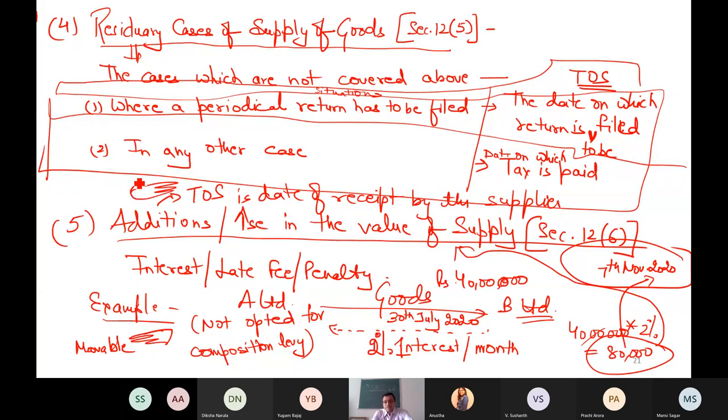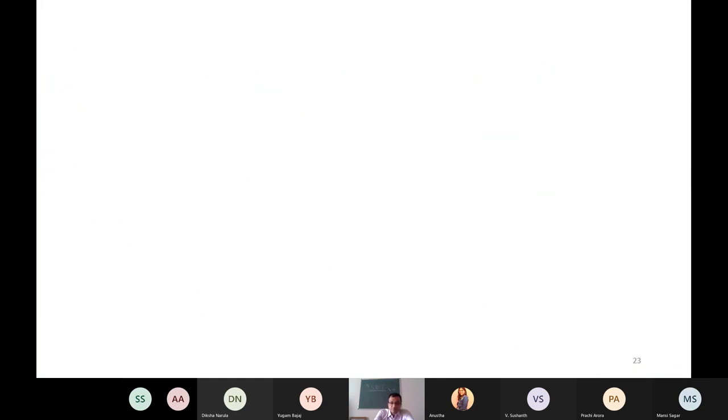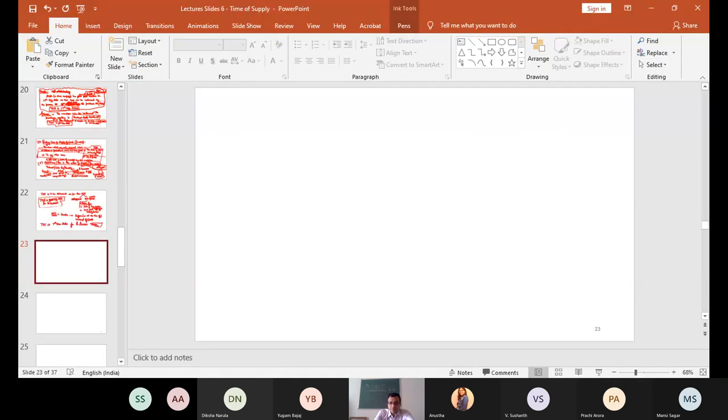Please raise your hand if the concept is clear. Okay, so I think we should end the discussion, and in the next class, I will wind up section 13. Yeah, Sushant.